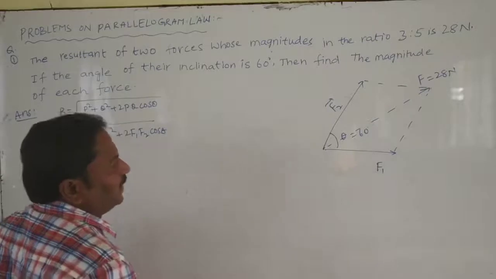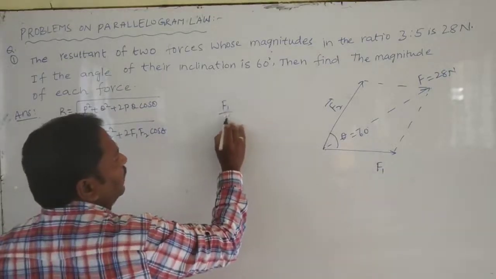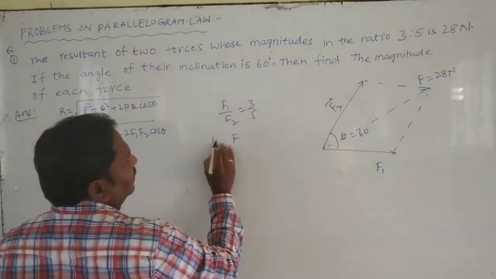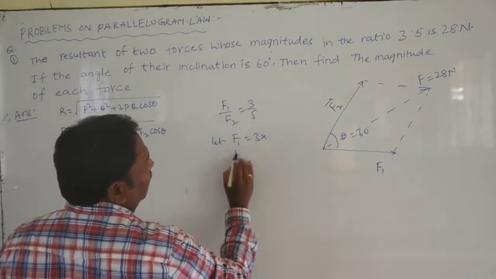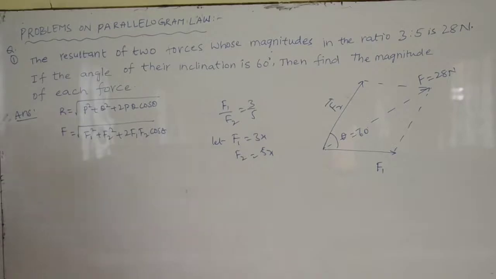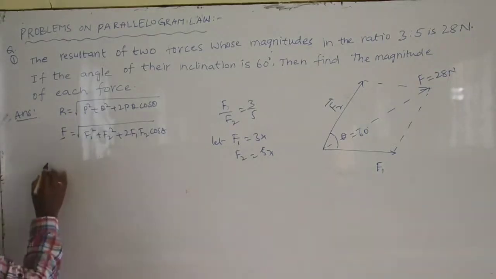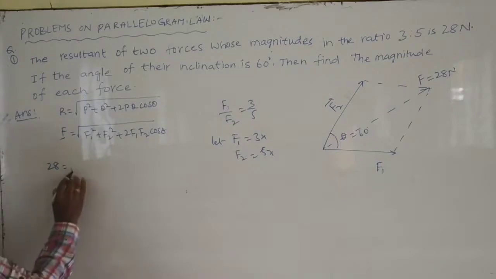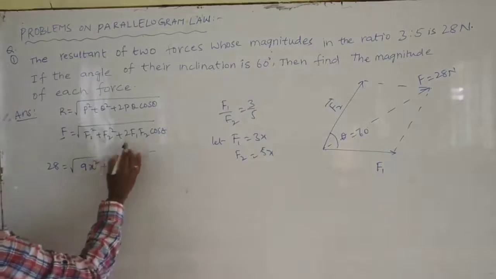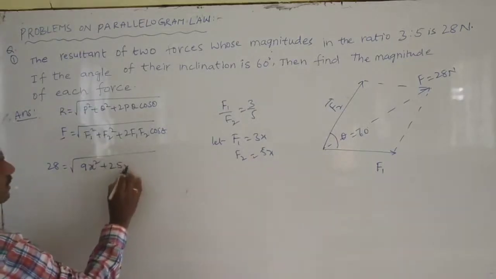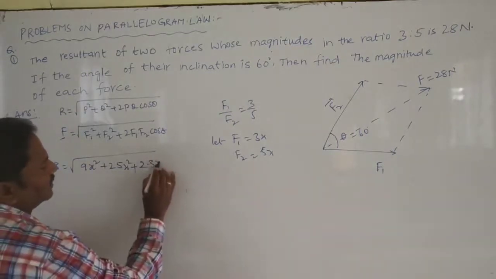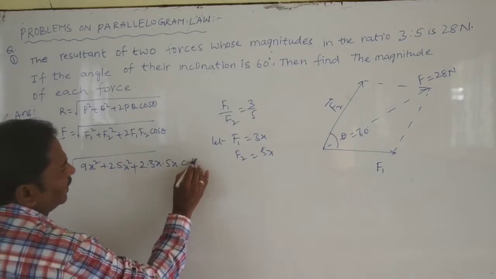So here it is given F1 by F2 equals 3 by 5, which means let F1 equal 3x and F2 equal 5x. So what is the F value? 28 equals root over 9x square plus 25x square plus 2 into 3x into 5x into cos 60.